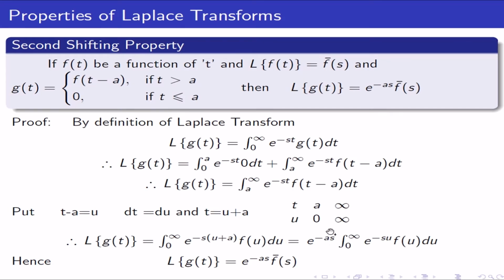So e to the power minus sa you can take outside, and the integration from 0 to infinity of e to the power minus su f of u du, by the definition of Laplace transform, is nothing but f bar of s, where s is the frequency domain. Hence the Laplace transform of g of t is equal to e to the power minus as f bar of s.